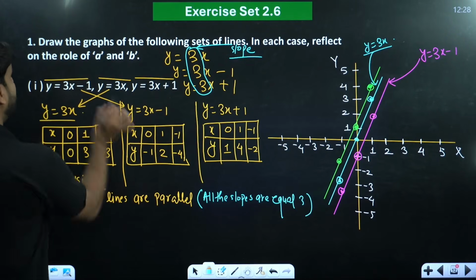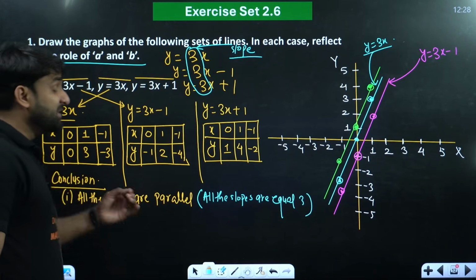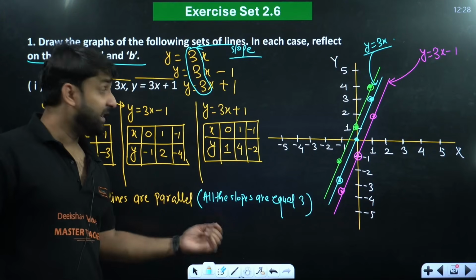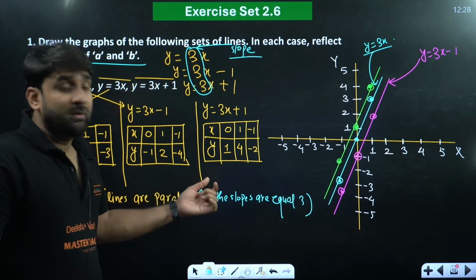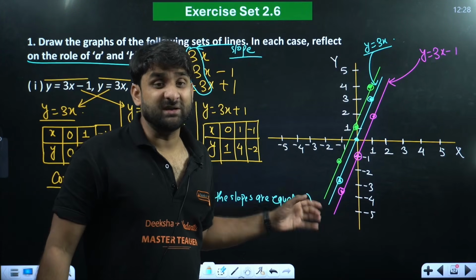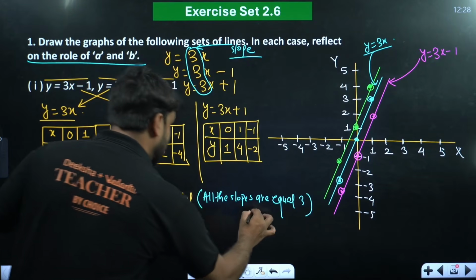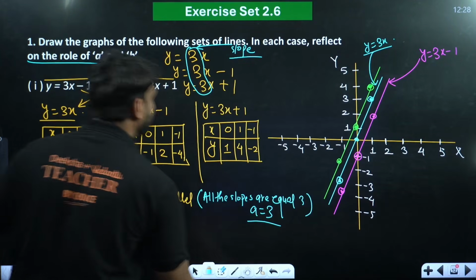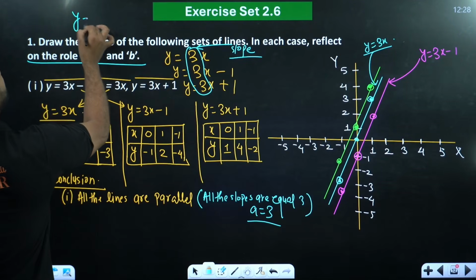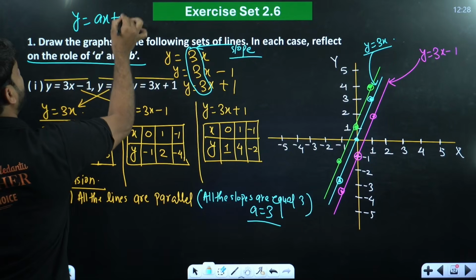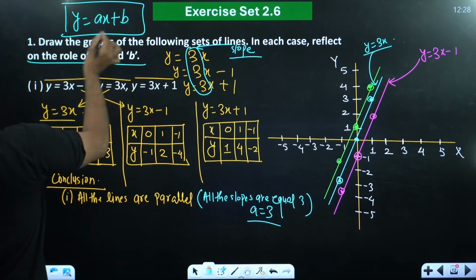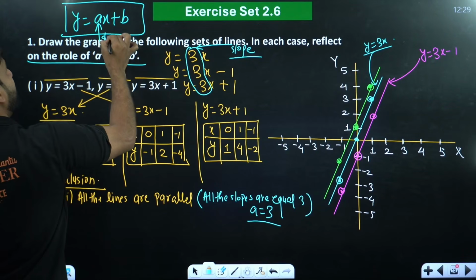And the question was, what is the role of A and B? There is a big role of A and B. Here A is playing a big role as the slopes are equal, because A represents slope. If you take the general form y is equal to ax plus b, A is the slope.